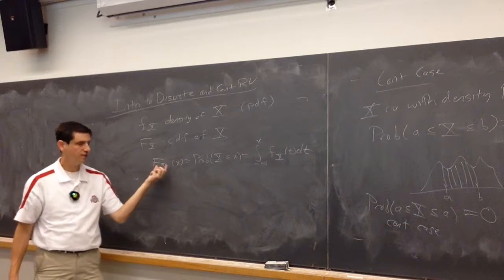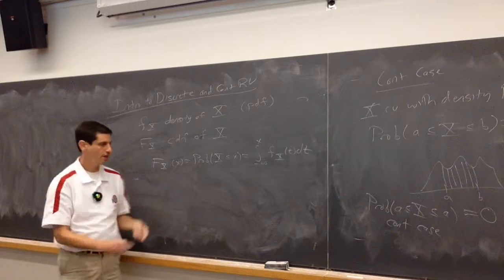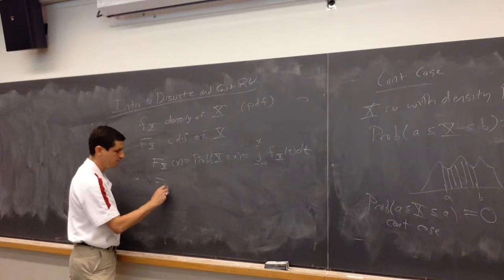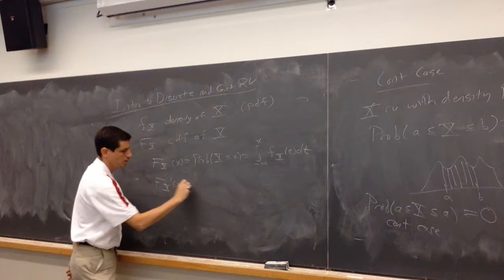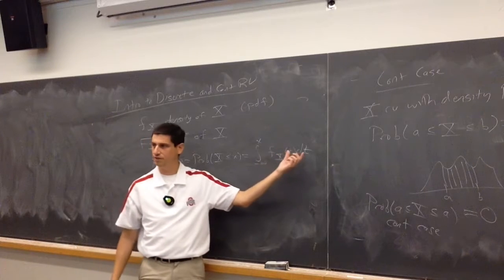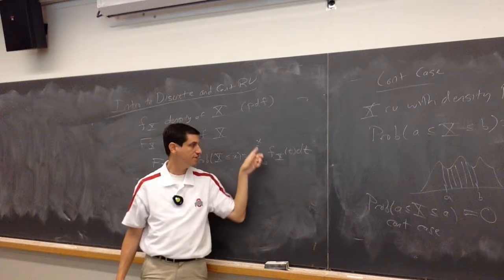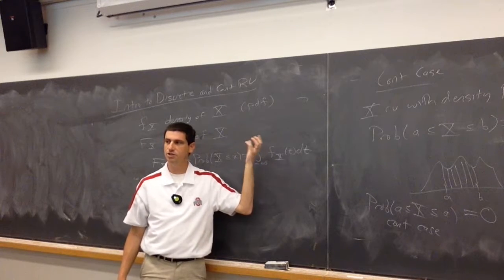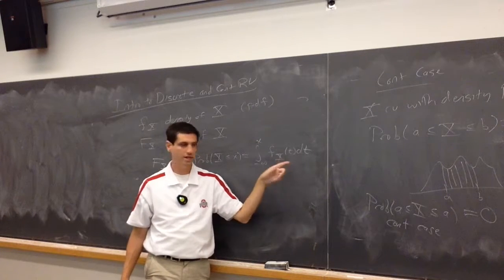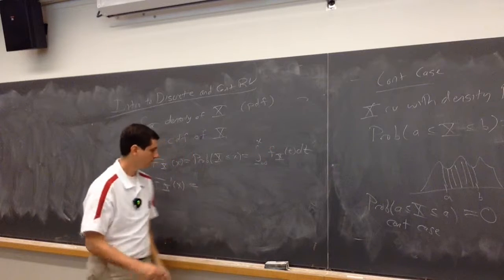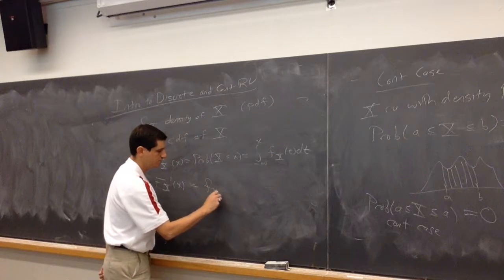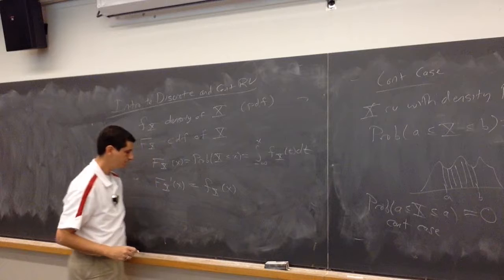Well, when you see a function like this, you want to differentiate it. And so if I take the derivative of big F prime, I want to now take the derivative of this. That's the fundamental theorem of calculus. If I integrate from -infinity to x, then the derivative of the integral is the integrand at x. And I get f of x at little x.